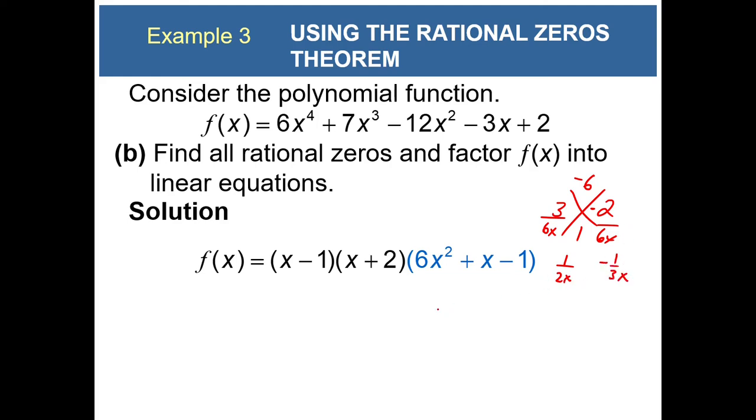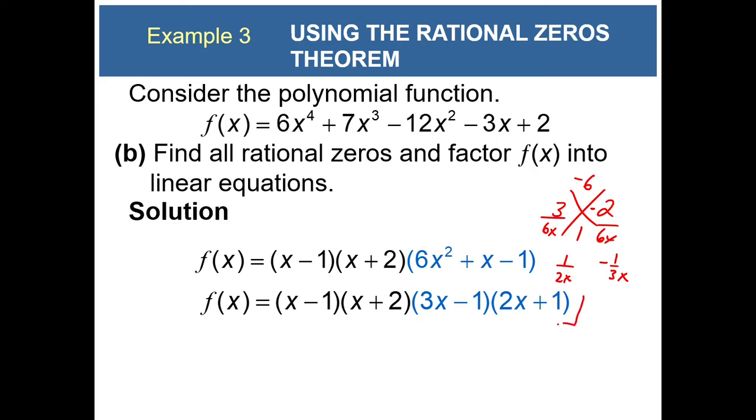Using the bottoms up technique, this factors as f of x equals x minus 1 times x plus 2. And we're going to bring the bottom up, so this becomes 3x minus 1. Bring the bottom up, this becomes 2x plus 1. So this is our function now factored into linear terms.